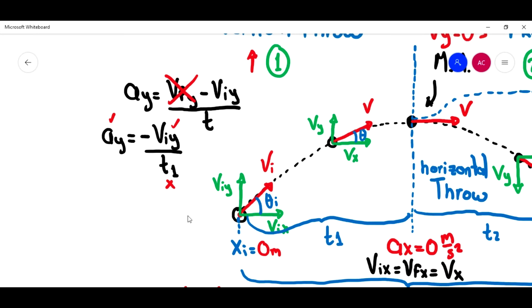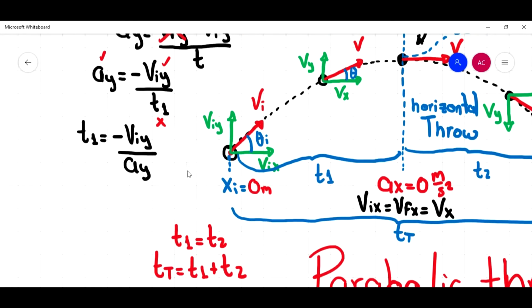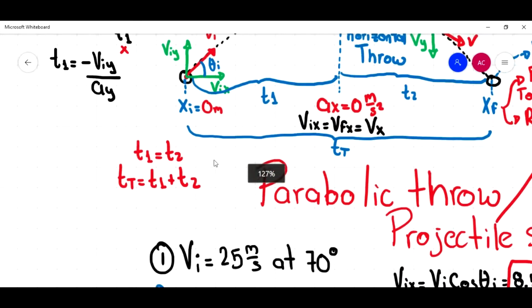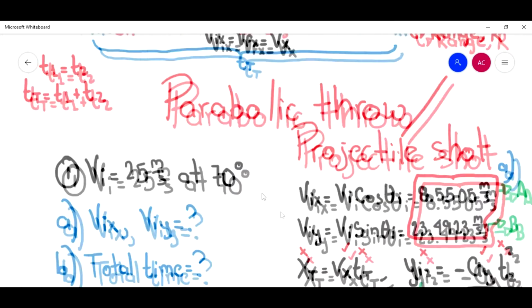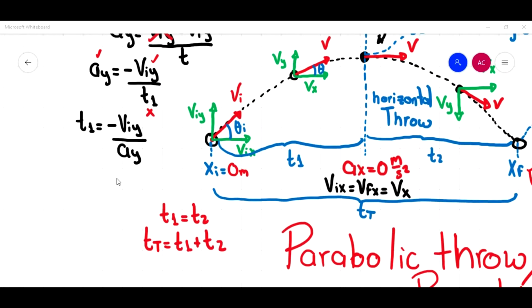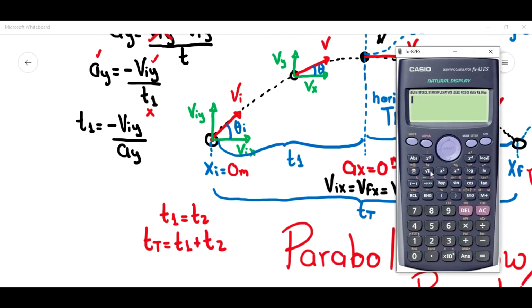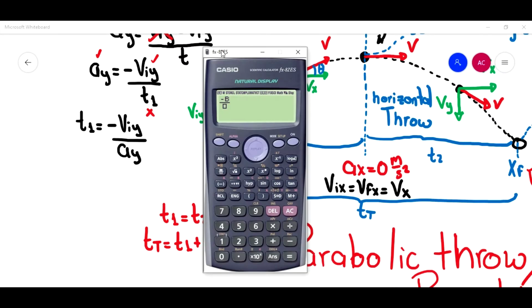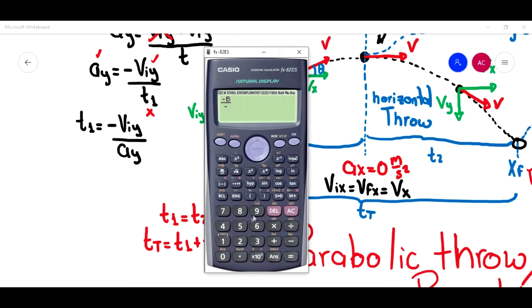If I isolate that equation, time 1 equals negative initial velocity in y over acceleration in y. So let's do it. I got the initial velocity in y in memory B, so let's use the calculator: fraction, negative alpha B over the acceleration in y, minus 9.8 meters per second squared.